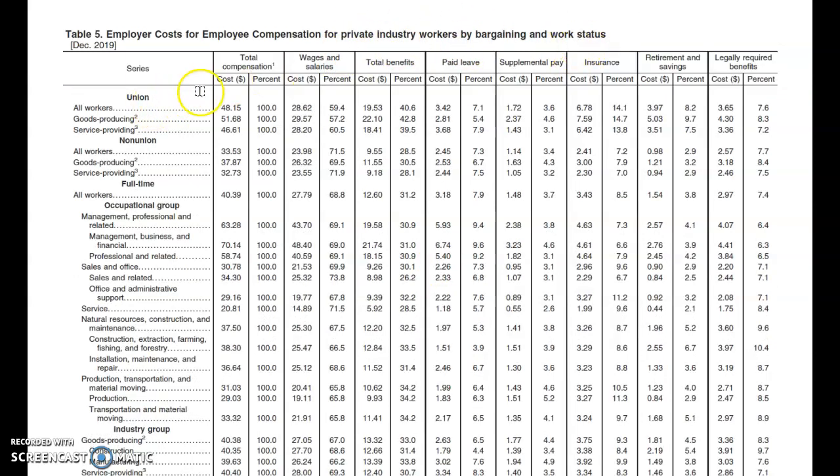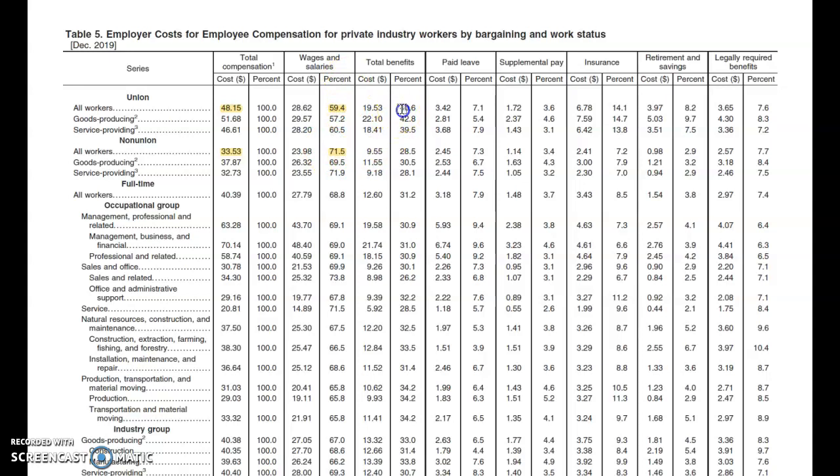So for example, union workers, total compensation 48.15. Okay. Non-union 33.53. More costly if you have a union labor force than if you have a non-union labor force. Okay. And look at the breakdown. So in union, you have 59% wages and salaries, non-union 71%, okay?